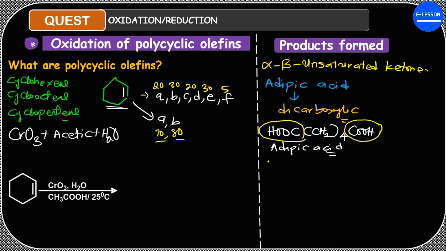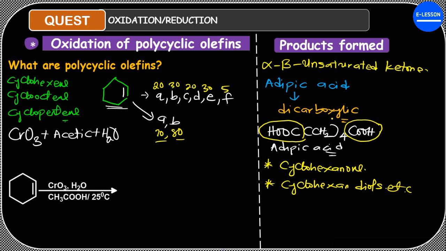Now, another product that is formed is cyclohexanone. And then lastly, the last product that we are going to look at is cyclohexanediols, or you can say cyclohexane-1,2-diol.